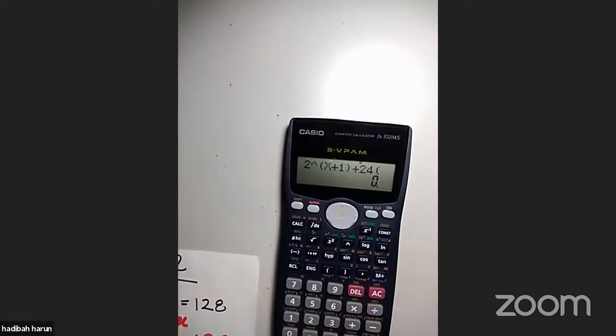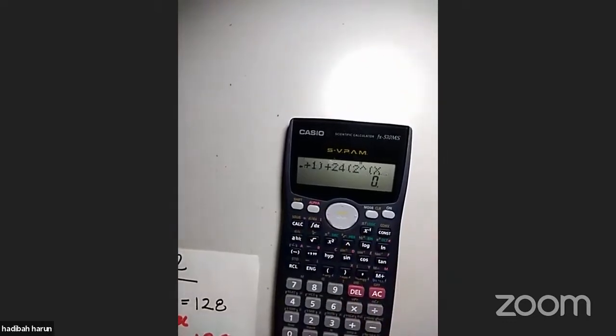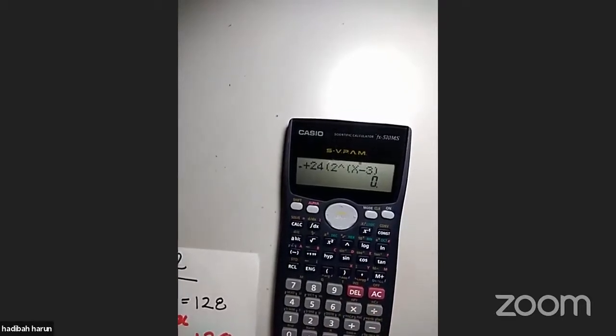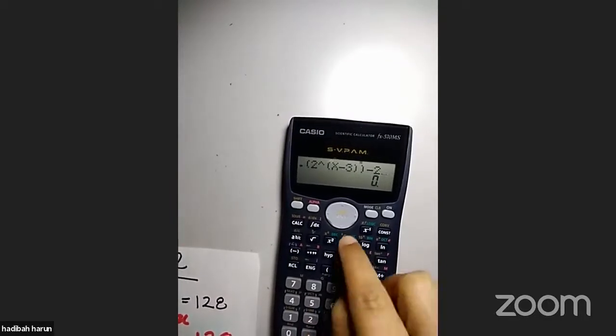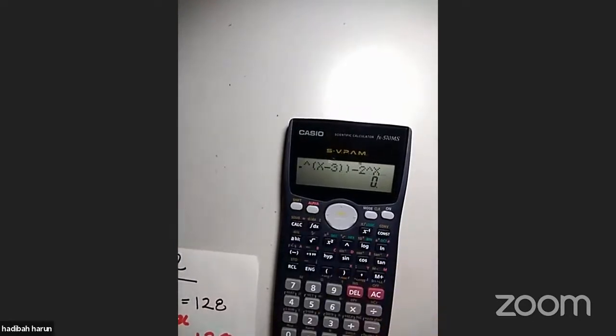Open bracket, 2 to the power of, again there are two terms, so I need my open bracket. Alpha x minus 3, close bracket, minus 2 to the power of alpha x.